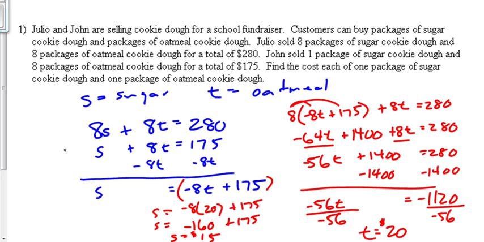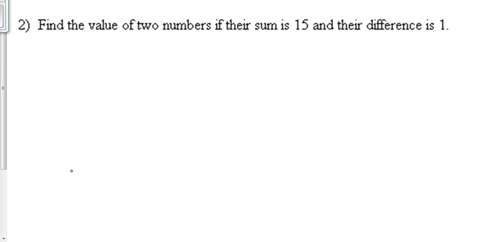So if I rewrite that here, we just say that S equals $15 and T equals $20. And since I labeled it up here, I identified my variables, I don't have to write anything else. Now, if I didn't do that, I'd have to write $15 for sugar cookies, $20 for one package of oatmeal cookies. All right.